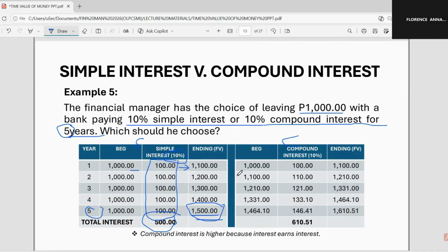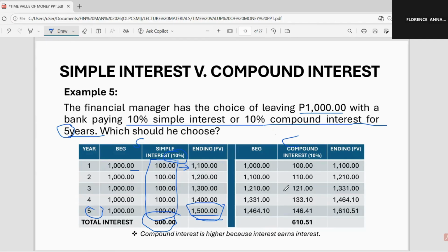Now for compounding, paano na nga natin kinocompute ang future value using your compound interest? So that is your principal times 1 plus interest rate raised to your number of period. Or you can also use a table like this one.